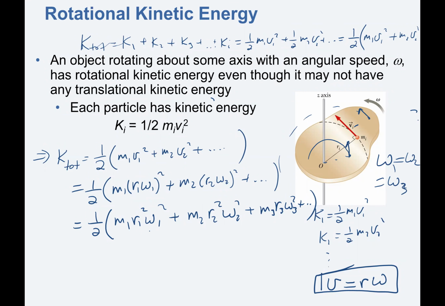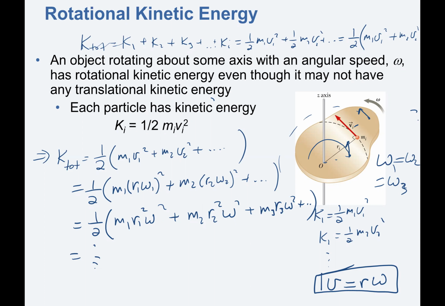That means I can drop the subscript for omegas because they are the same for every single particle. Well, if they are the same, then I can remove that from the parentheses.